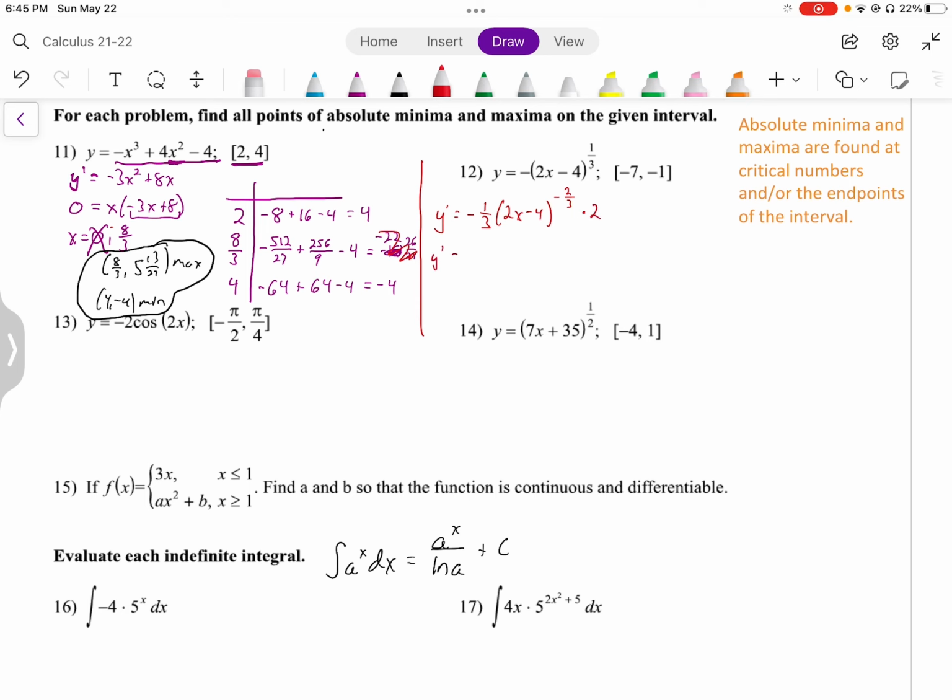So y prime equals 2 over negative 3. That's a negative exponent, so we can put it in the denominator as the cube root of 2x minus 4.